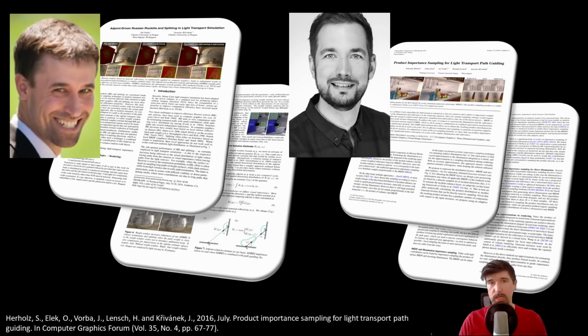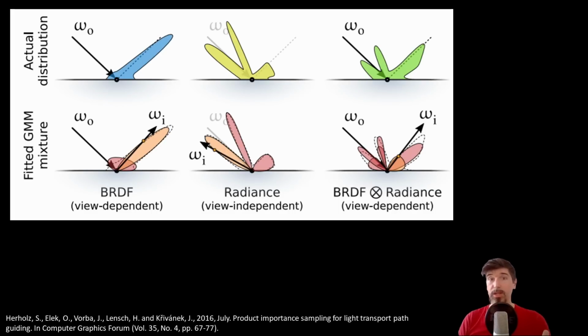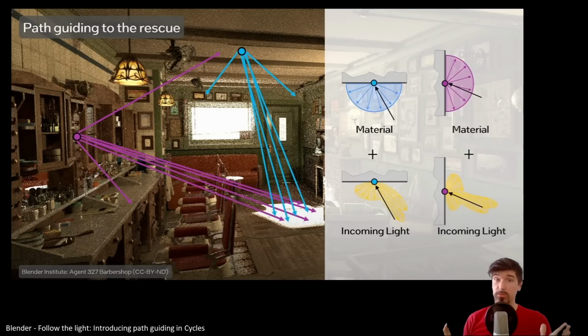Many colleagues joined in, like Sebastian Herholz in 2016, and in their approach, the renderer builds a directional model of where useful light is coming from, using a structure that improves as more paths are traced. This guidance works within a single frame, but it becomes far more effective when accumulated over time. So instead of calculating importance from scratch each frame, it caches the current lighting information, reuses it for subsequent frames, and interpolates in between the pixels that have lighting information already calculated. This cache guides future rays without recalculating the whole hemisphere.